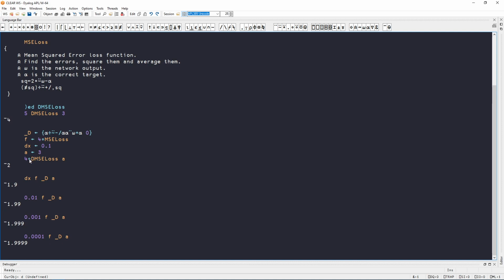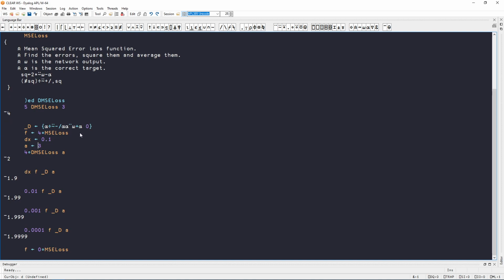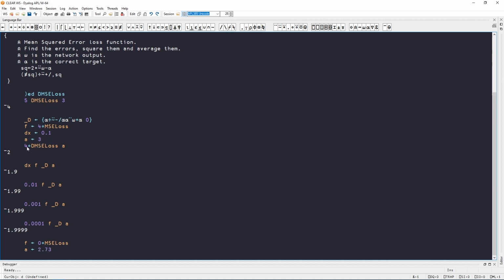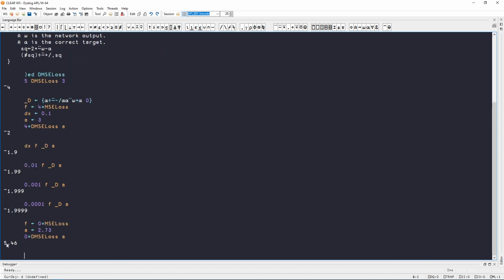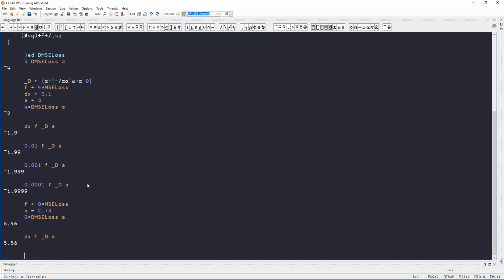Now we can try some different value. For example, instead of having a 4 on the left, we could have a 0. And instead of having a be 3, let's say that a gets, I don't know, 2.73. Now the actual value is going to be 5.46, and the approximate value is what we get if we use our operator.